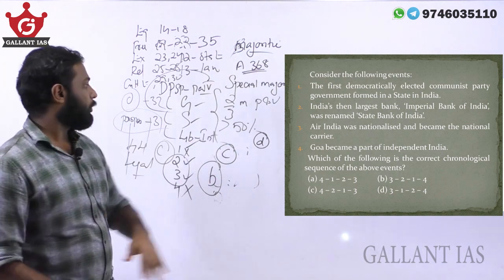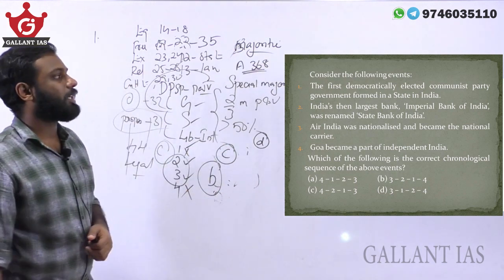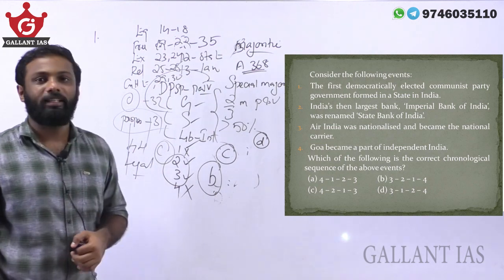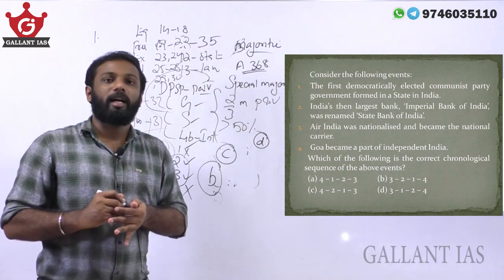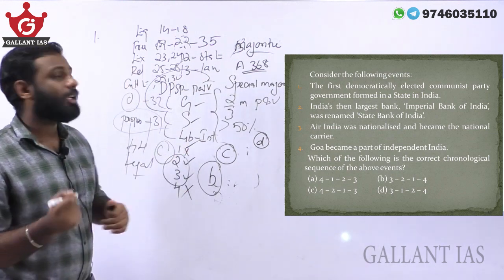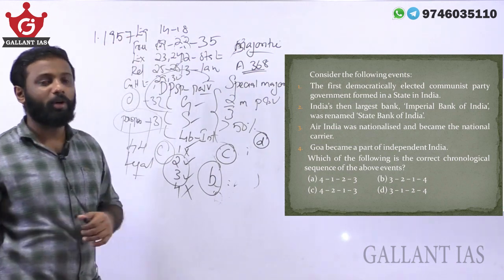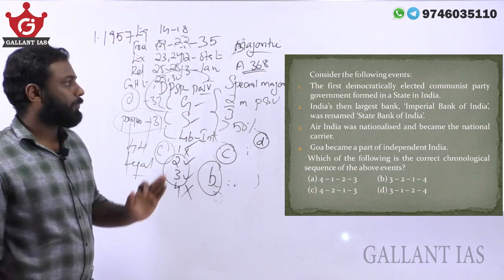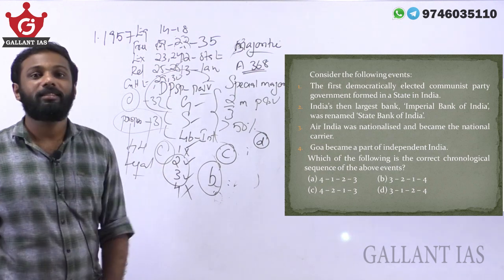Moving to option number 1, the first democratically elected communist party government formed in a state in India, that is in Kerala. Kerala is the first state in India to have a communist government, and it happened in 1957. Regarding statement number 2, India's then largest bank, the Imperial Bank of India, was renamed State Bank of India.